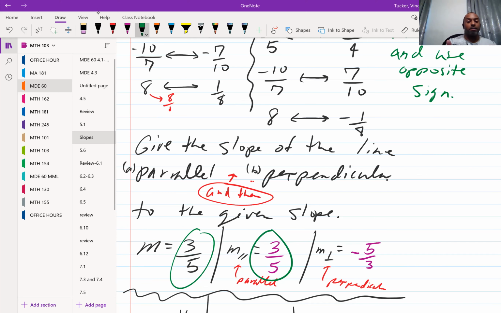So parallel lines are going to have the same slope. And if you want to find a line that's perpendicular to it, you're going to flip it and use the opposite sign. All right, is everybody good with that?